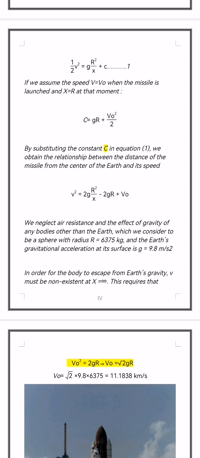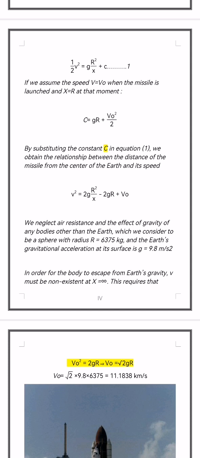We neglected the air resistance and the effect of gravity of any bodies other than the Earth, which we consider to be a sphere with the radius R equals 6,375 kilometers. The Earth's gravitational acceleration at its surface is g equals 9.8 meters per second square.